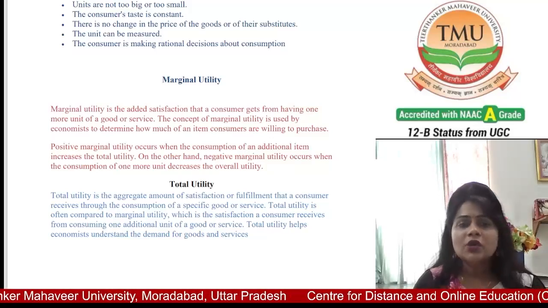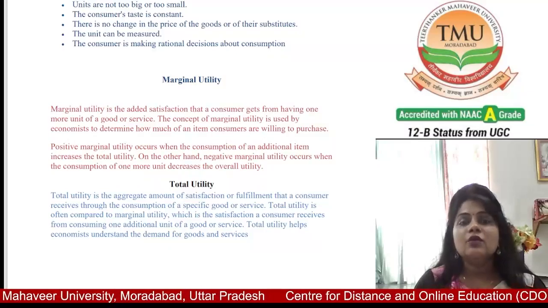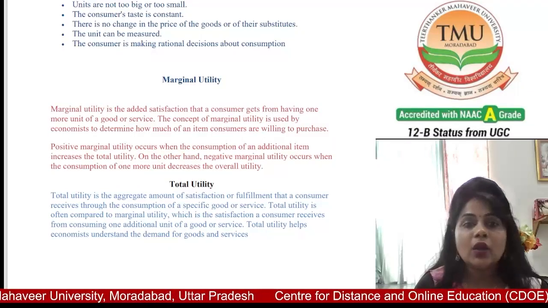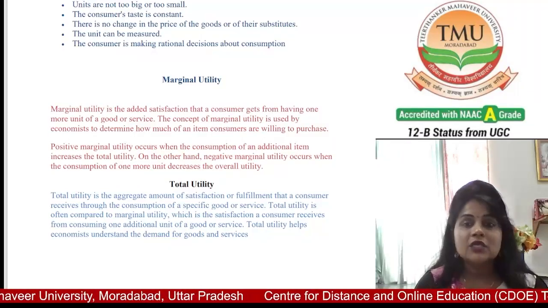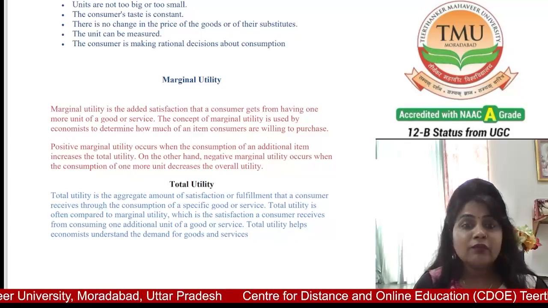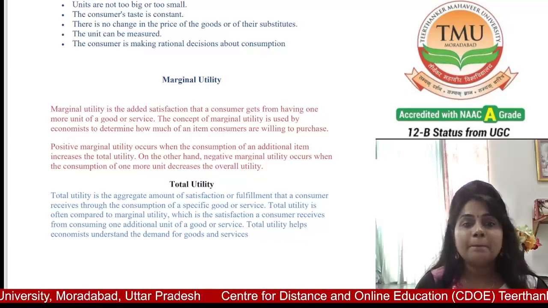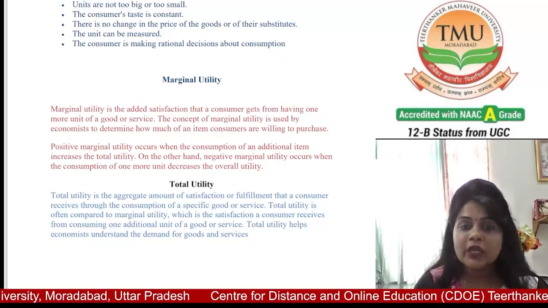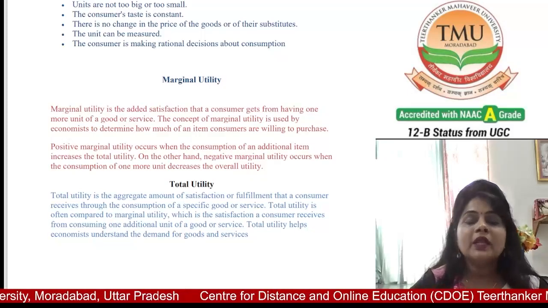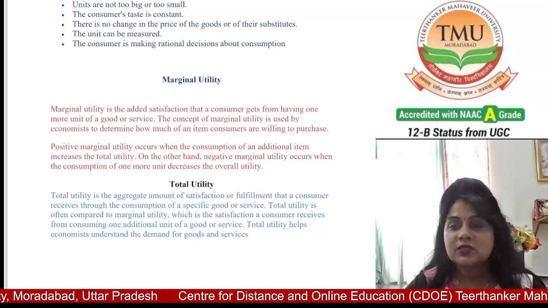In economics, utility refers to the satisfaction gained from consuming a good or service. Total utility is usually defined as a quantitative sum of satisfaction or happiness obtained from consuming multiple units of a particular good or service.